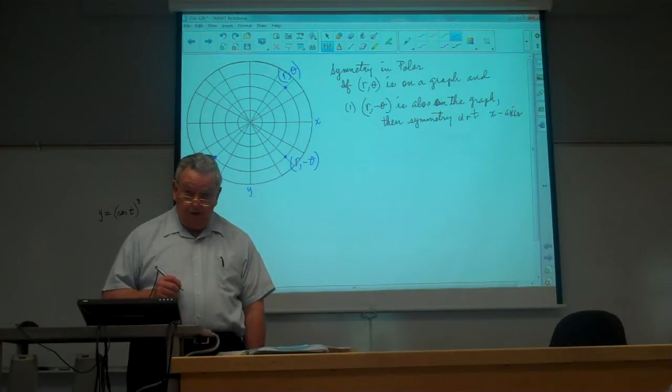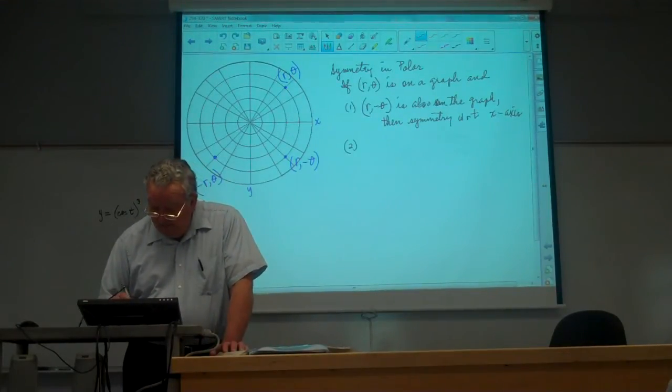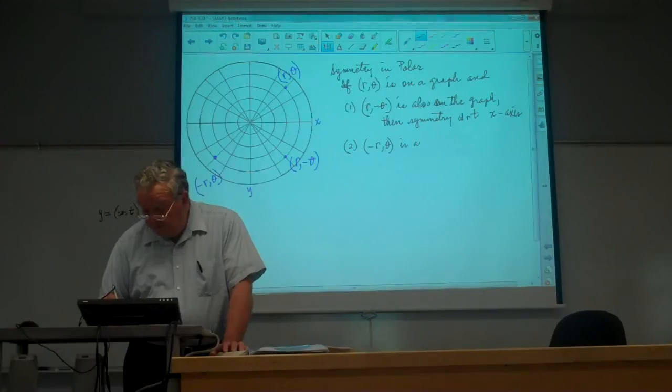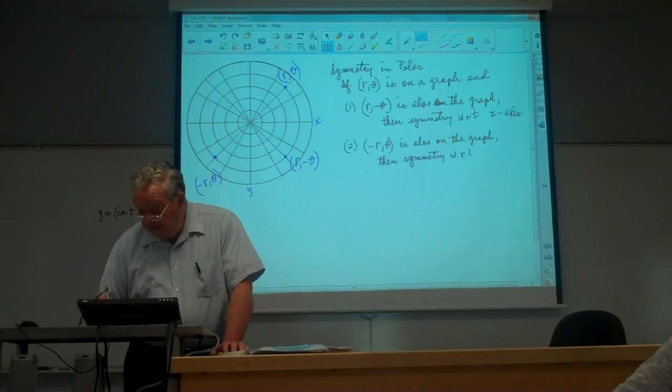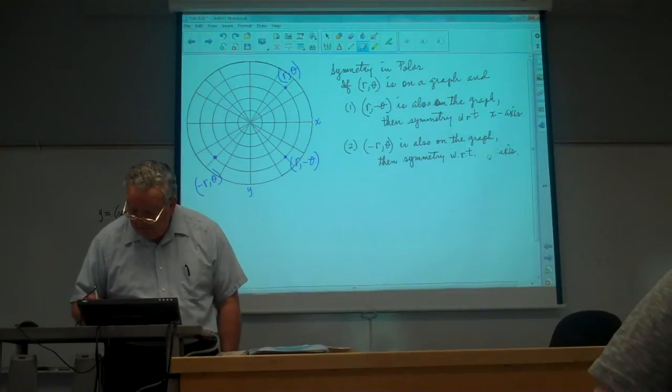So number two is, if r, theta is on the graph and minus r, theta is also on the graph, then symmetry with respect to the origin.